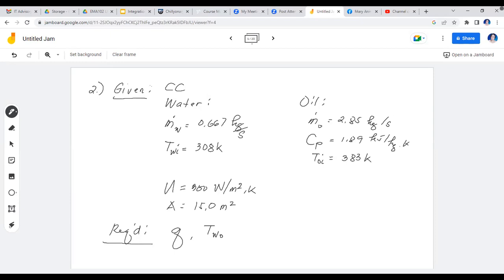And second, there was even no mention about what type of shell and tube heat exchanger is given. Is it a 1-2, a 2-4, a 1-4? That's not mentioned. So there's no way that you're going to have a UA delta T mean problem here. Since all outlet temperatures are not given, in this case you will really be using the heat exchanger effectiveness, epsilon. That way you can solve this problem.